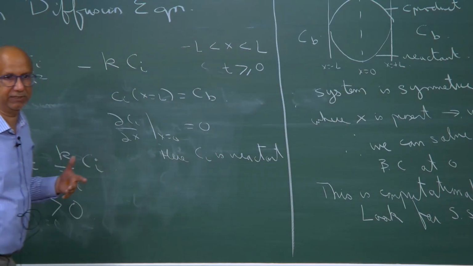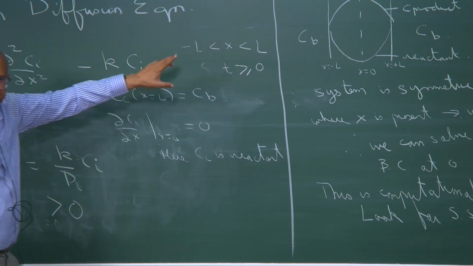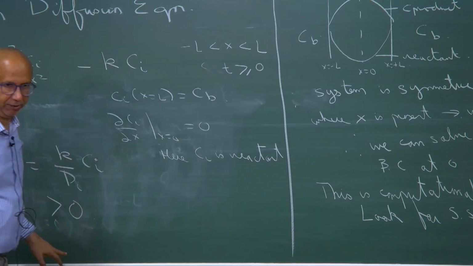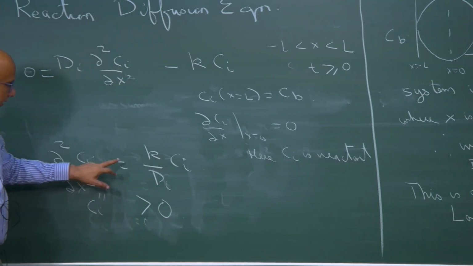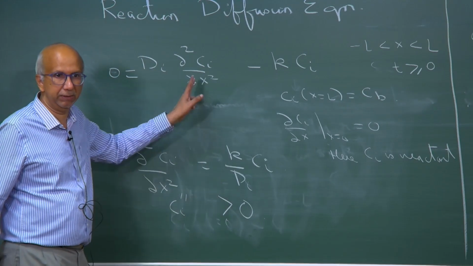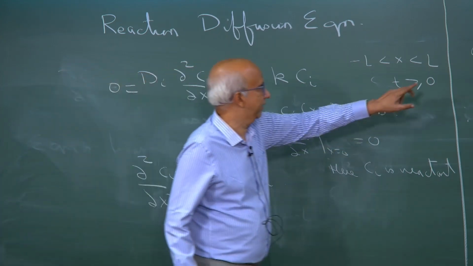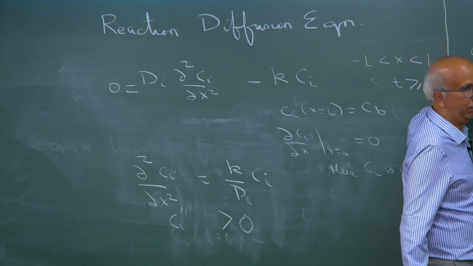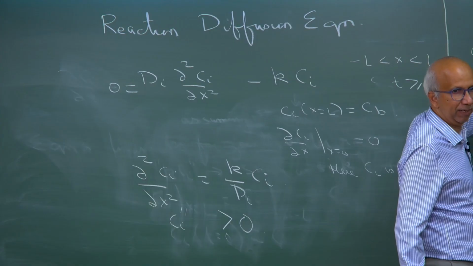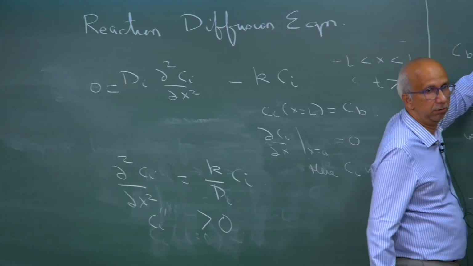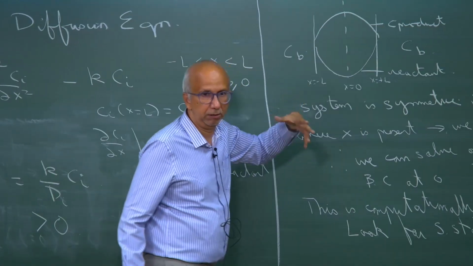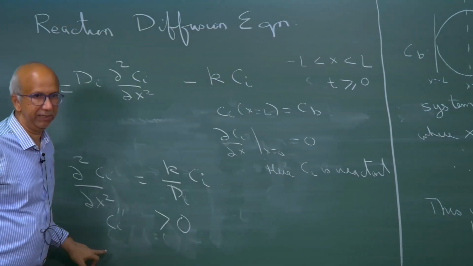What I was trying to explain physically, I am now explaining mathematically. Clearly, concentration cannot have a maxima, because Ci double dash is positive. The concentration of the reactant inside cannot show any maxima like I have drawn here. It does not make sense physically, and mathematically I am seeing the same thing.